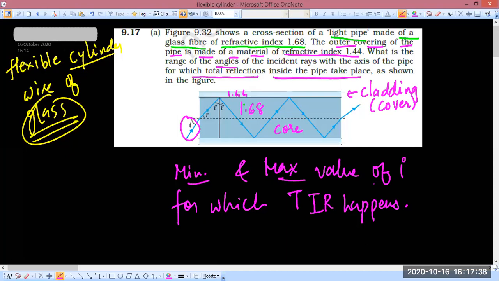You have to find the minimum and the maximum value of I for which TIR happens.